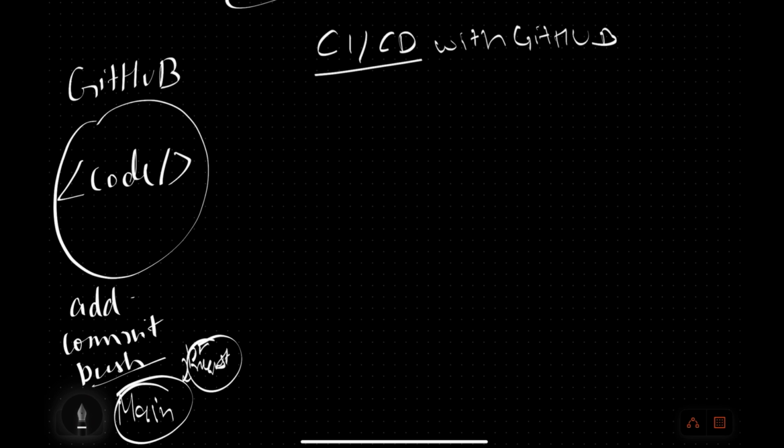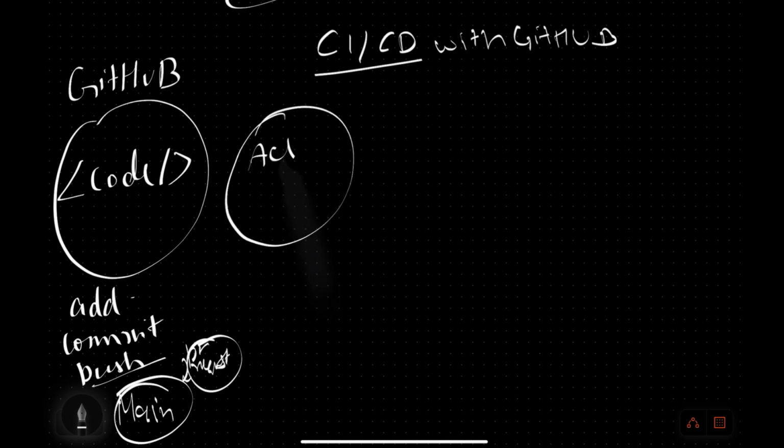For initializing the CI/CD pipeline, you have to create an action runner. These are the runners which will call the server to say that our code is updated and these are the files that we are going to update on the server.